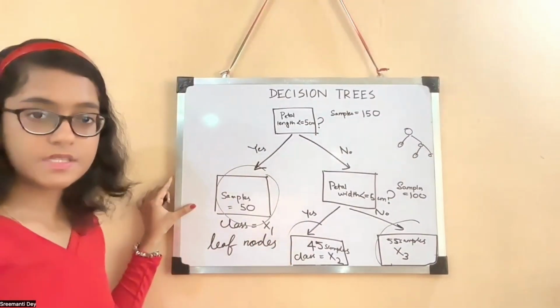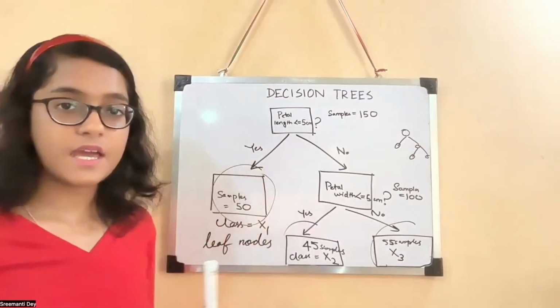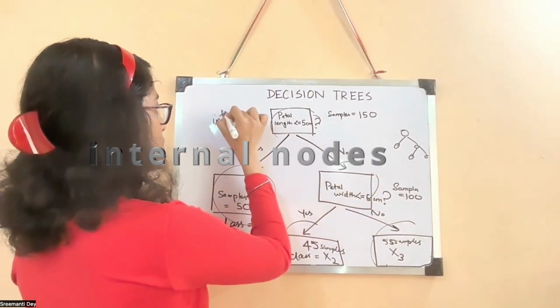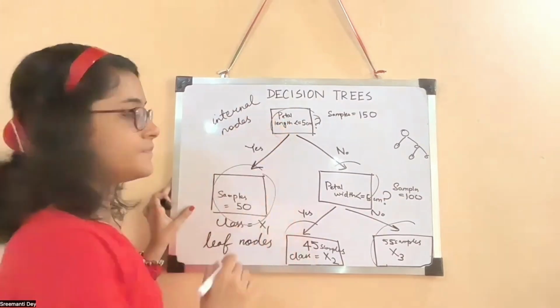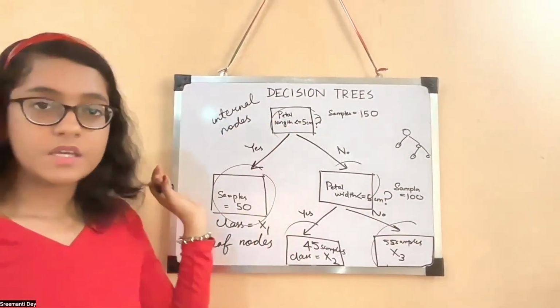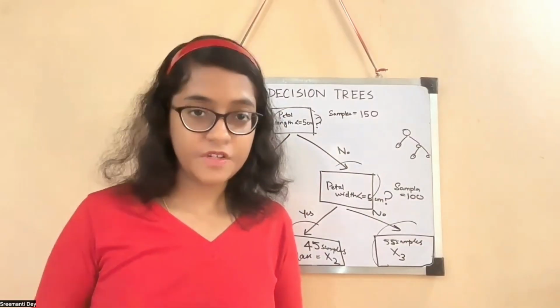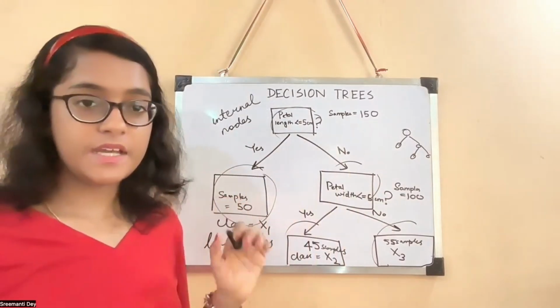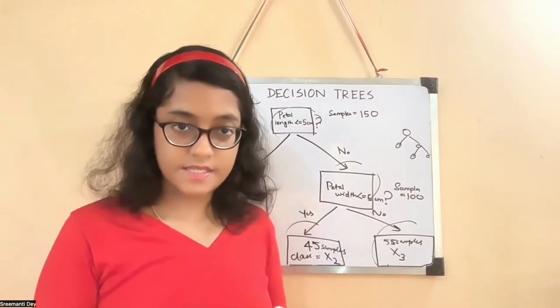These are the leaf nodes, and these are the internal nodes. So at each internal node, we split based on a particular attribute or a particular feature. And at leaf nodes, we classify it as a particular class, and it is where our tree ends.